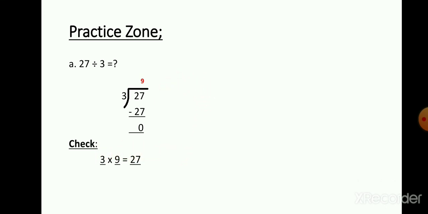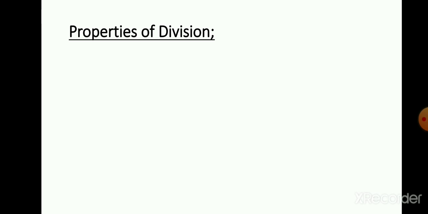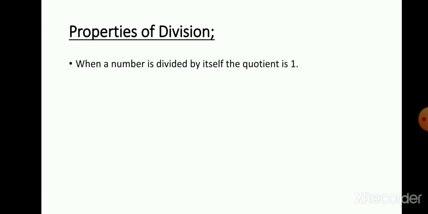Okay. Now we'll discuss the properties of division. What are the properties of division? Here are just two properties. The first property is when a number is divided by itself, the quotient is 1.